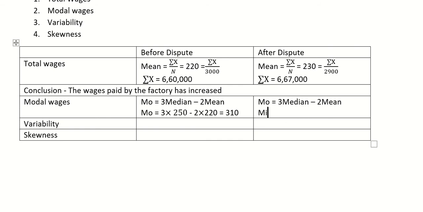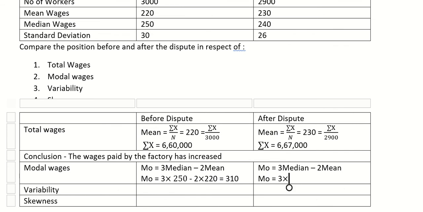So Mo equals 3 into median. Median after the dispute is 240.